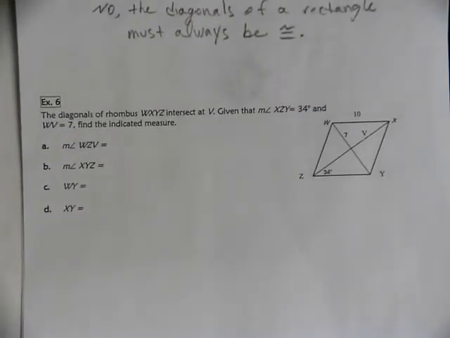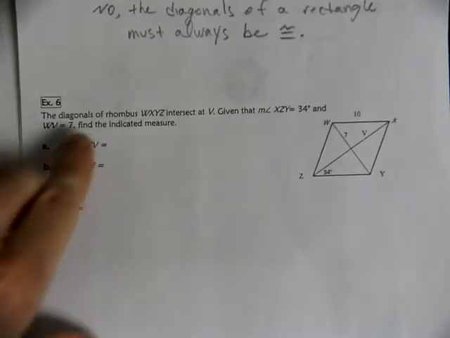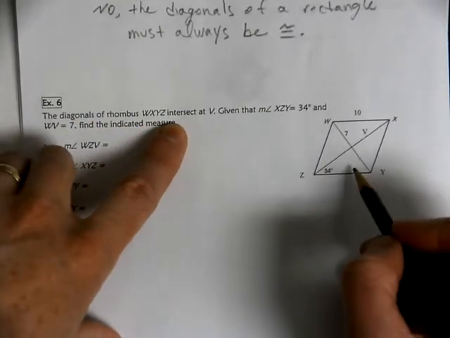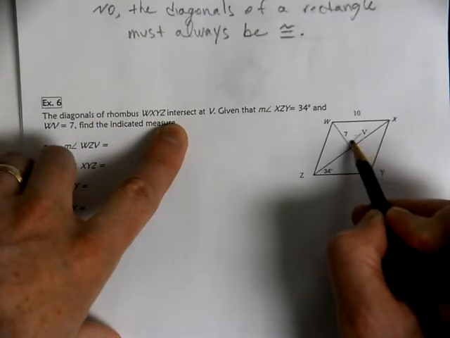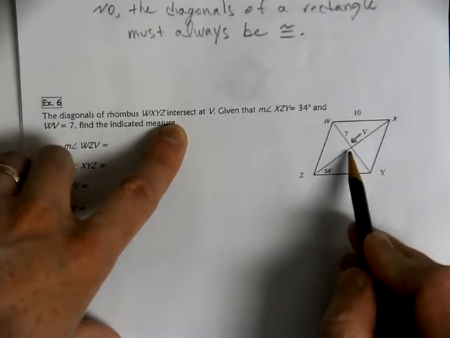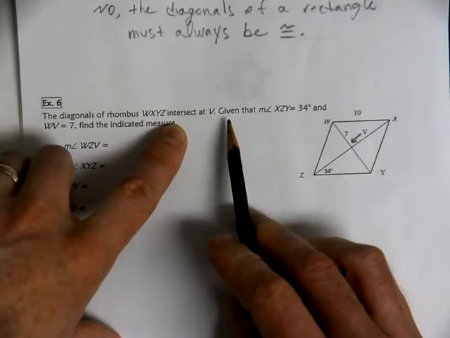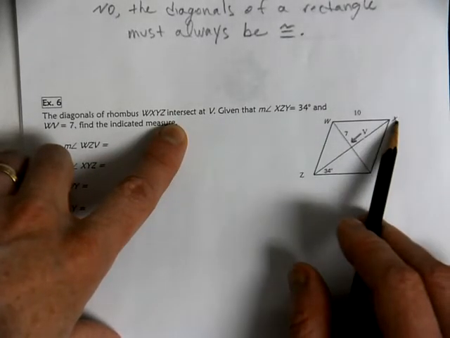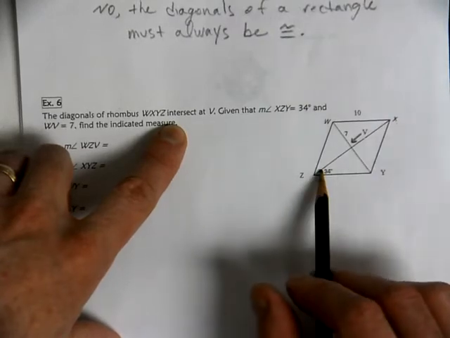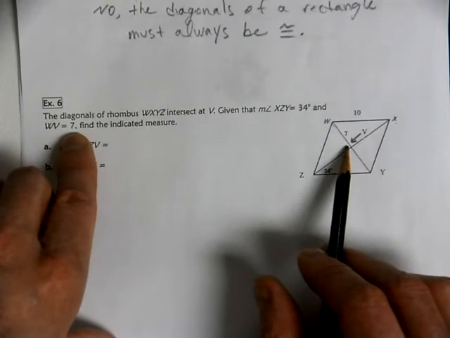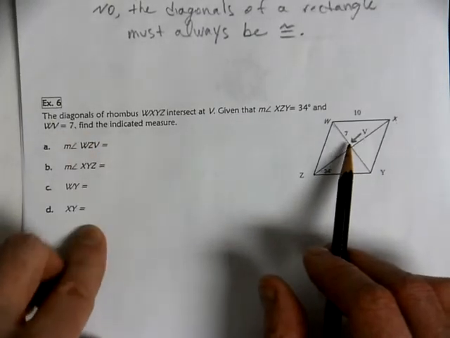Okay, here's our last example. The diagonals of our rhombus intersect at point V. Given that the measure of angle XZY is 34 and WV is 7, find these other measurements.